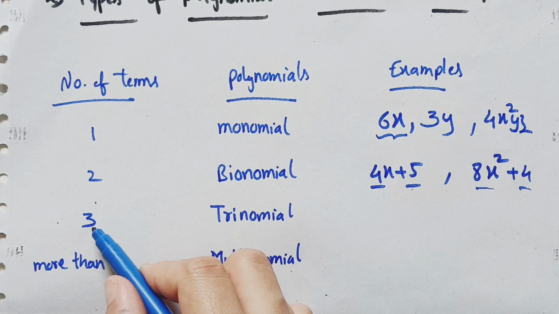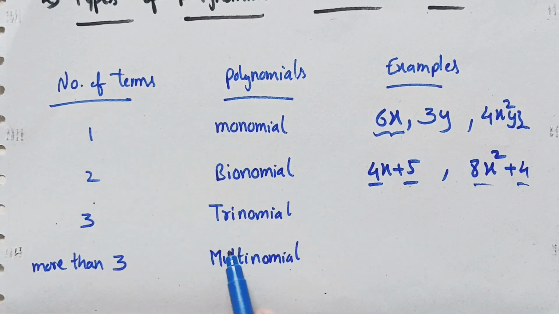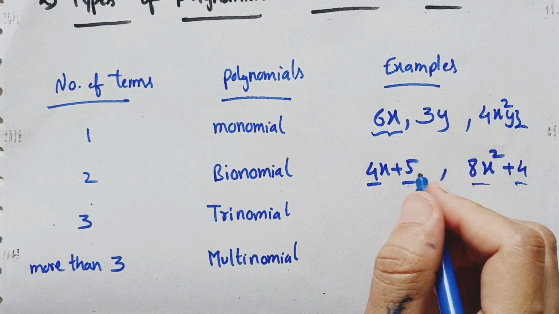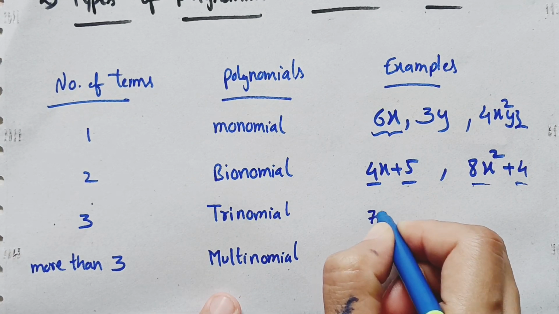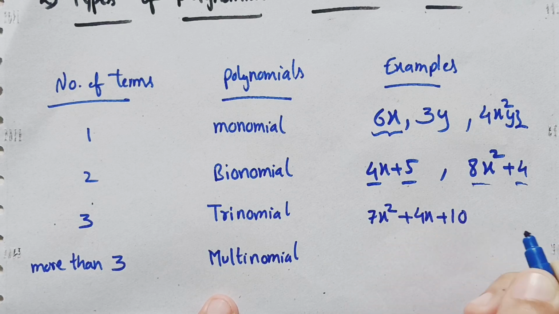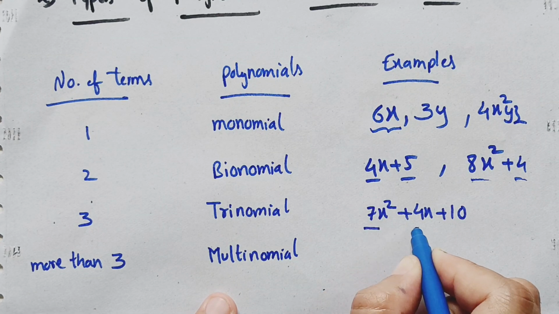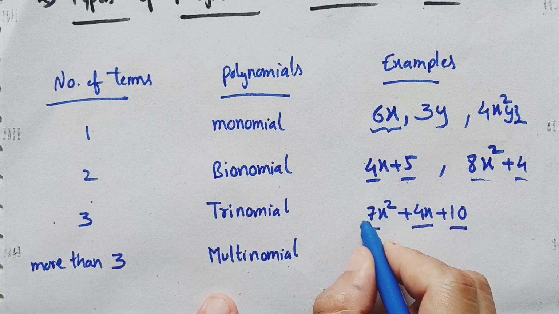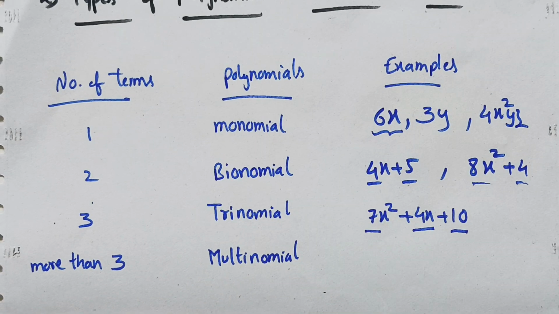Let's see another one. If we have three terms, then we call that polynomial a trinomial. For example, 7x square plus 4x plus 10. Here we have three terms, 1, 2 and 3. So this polynomial is called trinomial.